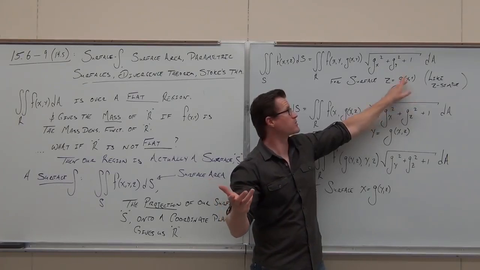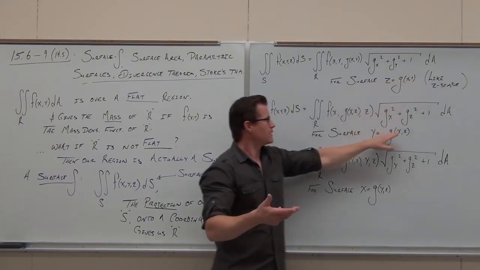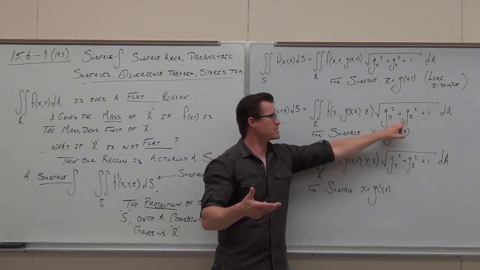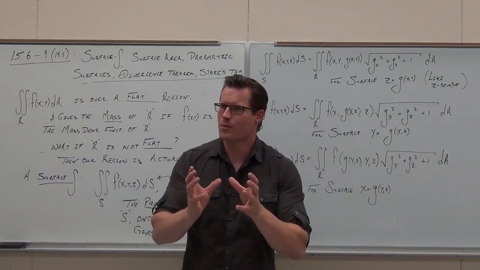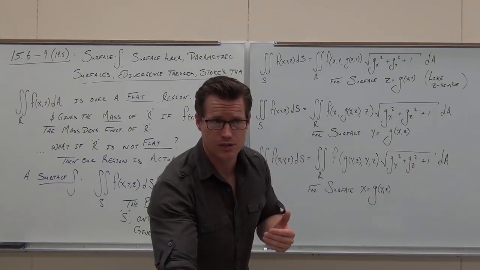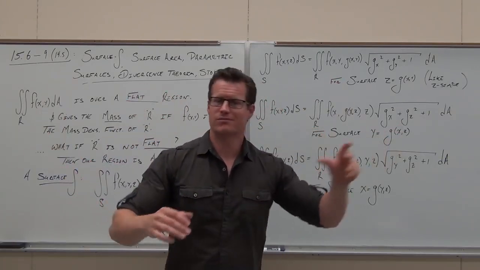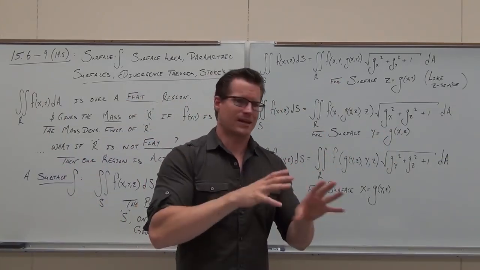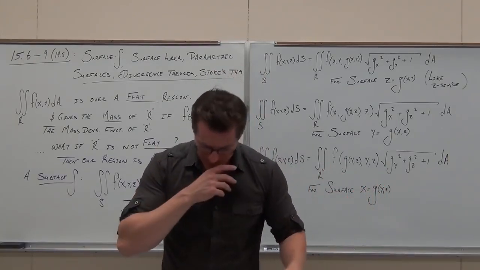But you could take one with respect to x and one with respect to y. And that's what that's doing. Here, you could take one with respect to x and z. Here, with respect to y and z. And so it's just kind of the same formula. It just depends on what you want to define your surface as. Whether you want z equals, think like z simple. Y equals, think like y simple, or x equals, think like x simple. Does that make sense to you? So that's the idea.